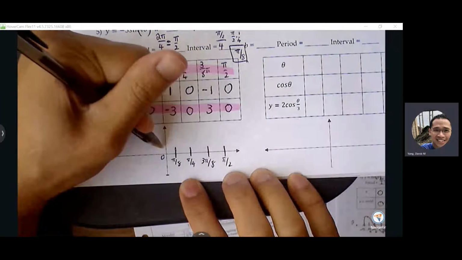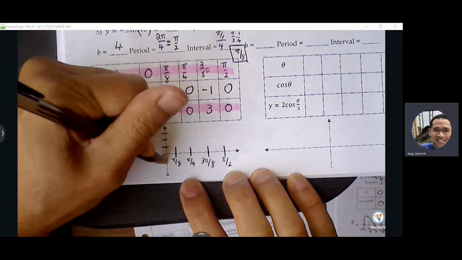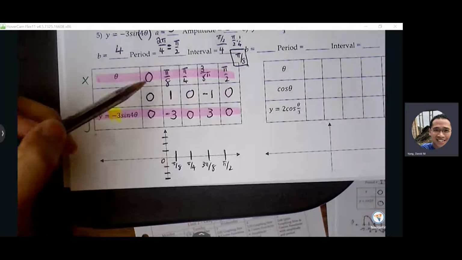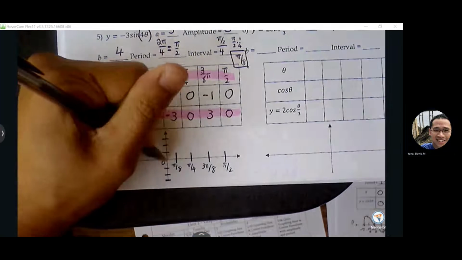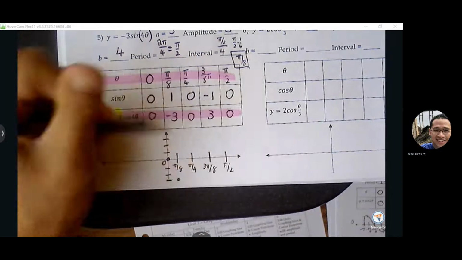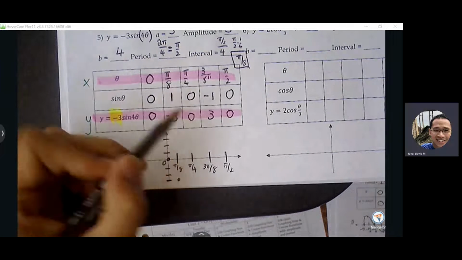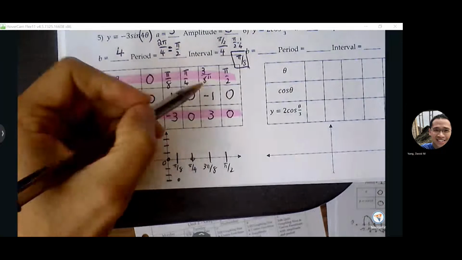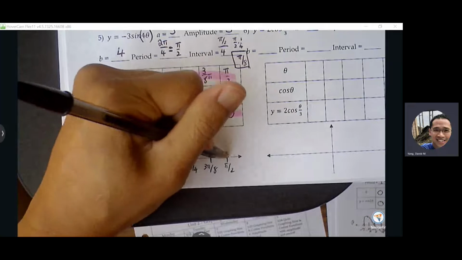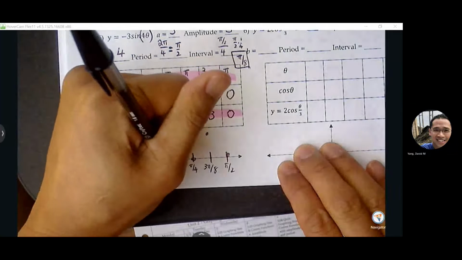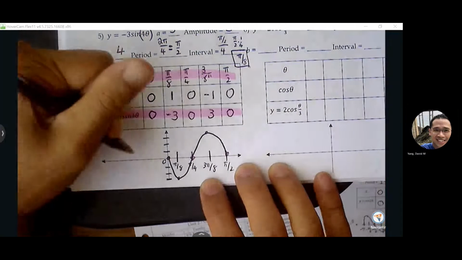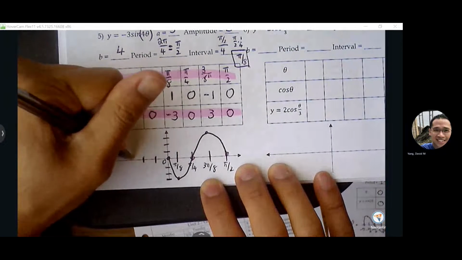And I'm going to go up to 3 and -3. And then plot your ordered pairs. So 0, 0. Pi over 8, -3. Pi over 4, 0. 3 pi over 8, 3. And pi over 2, 0. Make the negative version on the left.